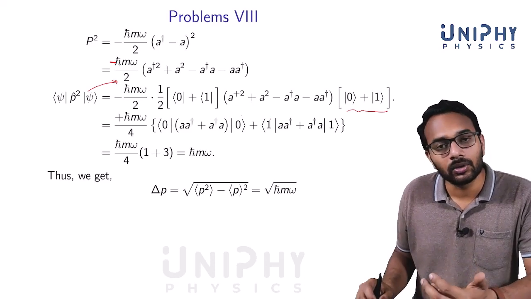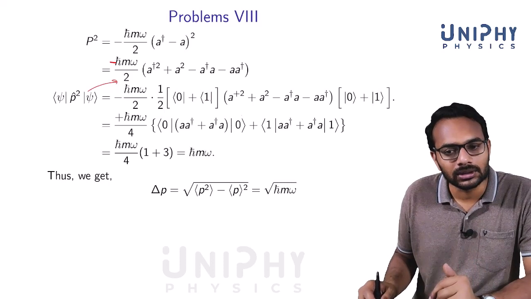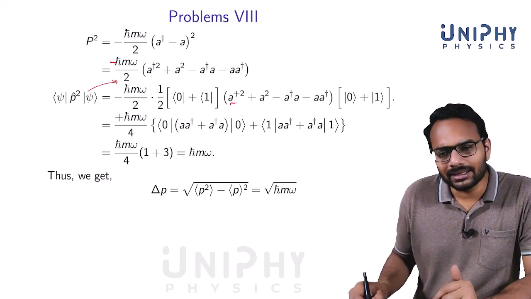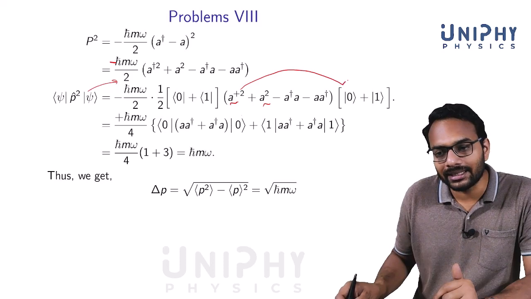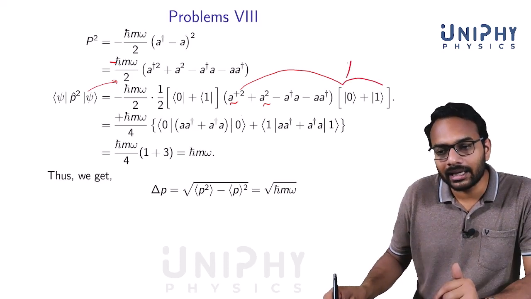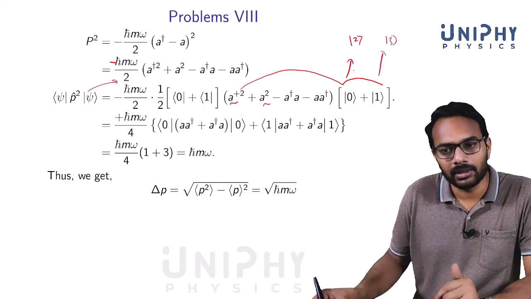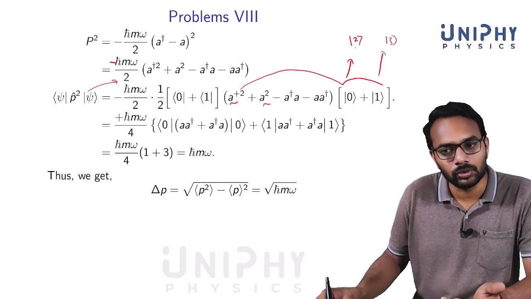Without writing down all the terms, by inspection you can find the non-zero terms. How do we pick out the non-zero terms? You see that here there is a†² and a². So a†² acting on |0⟩ and |1⟩ will take it to the state |2⟩ and this to the state |3⟩. Am I right? Because a† acting once will make it |1⟩, acting once more will take it to |2⟩.